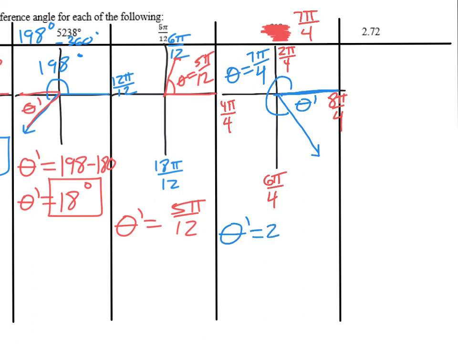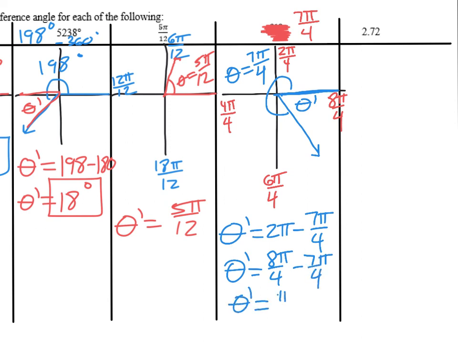To get it, I have to do 2 pi minus my angle, right? No surprise here with the fraction thing that, compared to degrees, working with radians is always a little bit more work because you have to switch over to a common denominator. You can be constantly working with fractions. And we'd get pi over 4, okay?